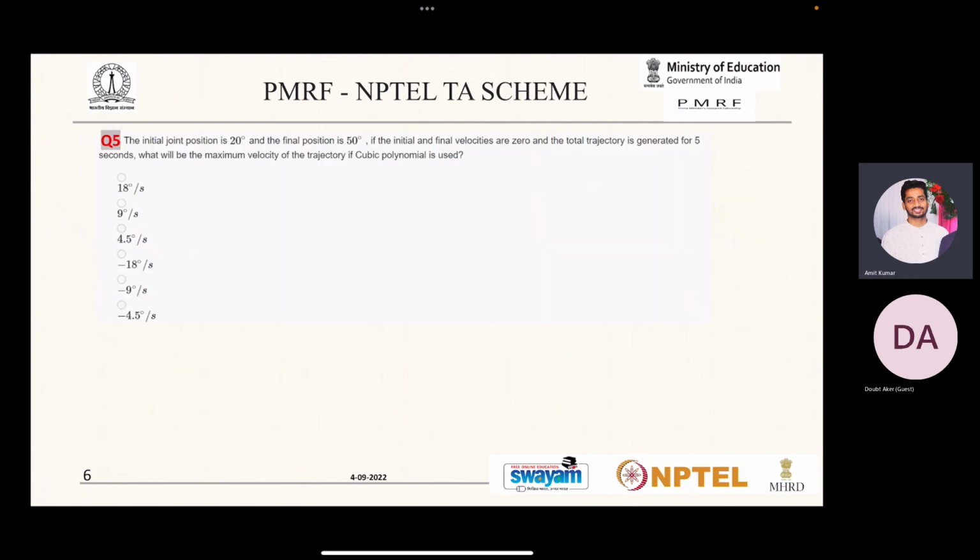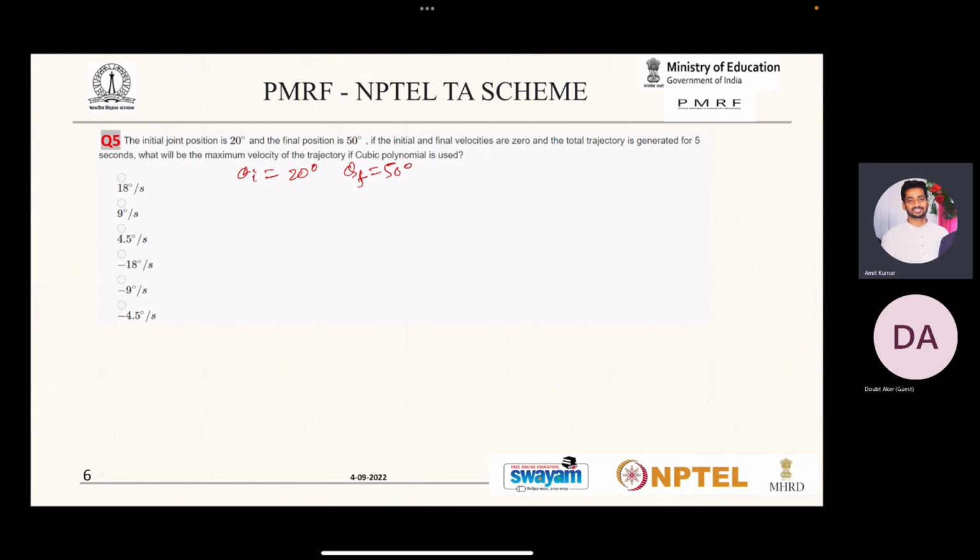Moving on to the fifth question for today. The initial joint position is given. So if you write it here, theta i equals 20 degrees, given, and theta f equals 50 degrees, given, right?